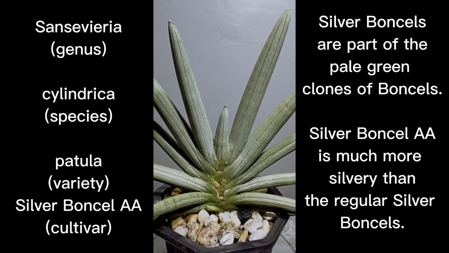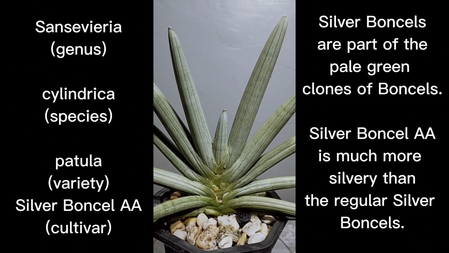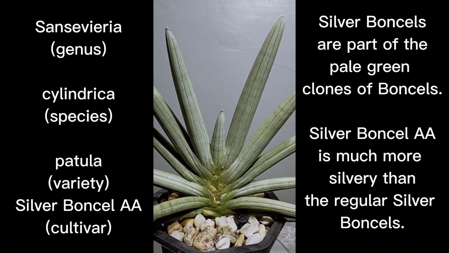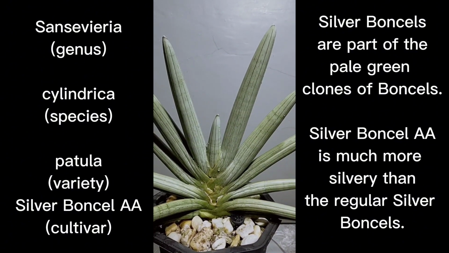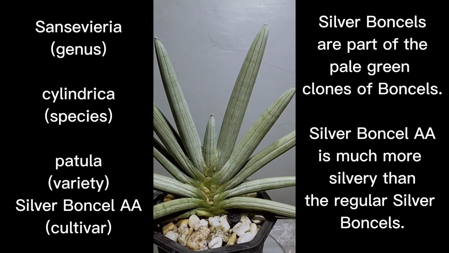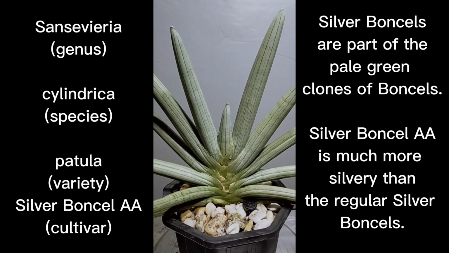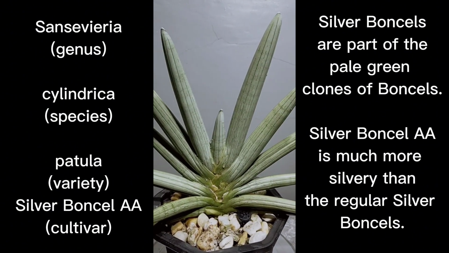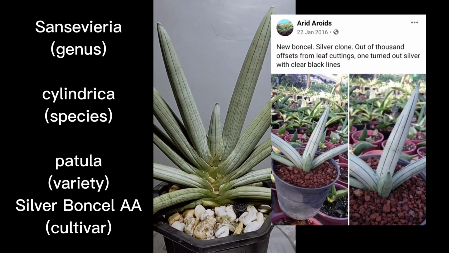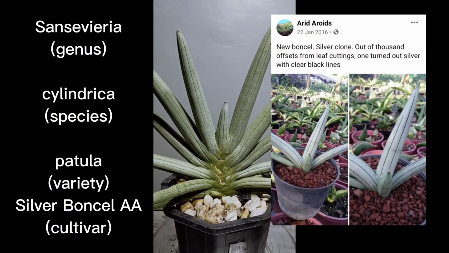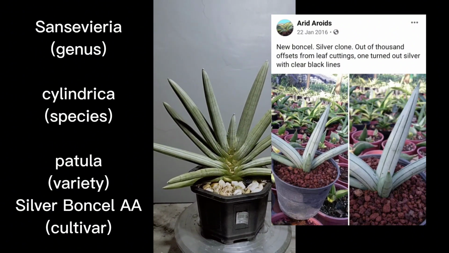The ID that we call it with is Sansevieria Silver Boncel AA, or sometimes it's interchanged, Sansevieria Boncel Silver AA, whatever the matter is with the interchanging of the names. Nonetheless, we have joined in the keyword AA, which signifies that it came from Arids and Aroids nursery here in the Philippines.